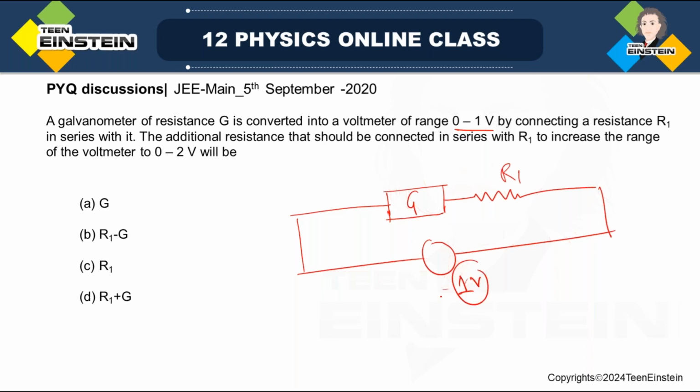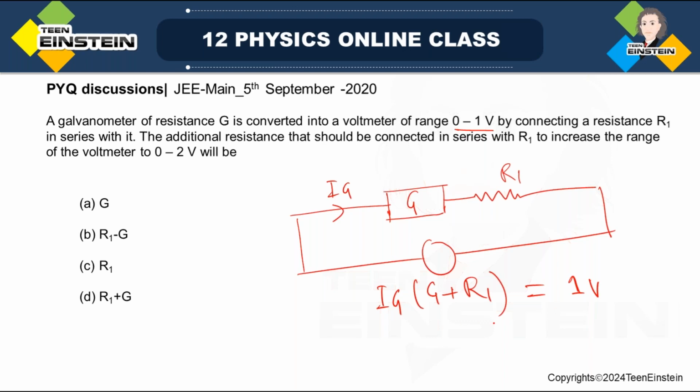That means what? Here one thing is clear: we don't know Ig. So how to write it? Ig times (G plus R1) will give you the 1 volt.